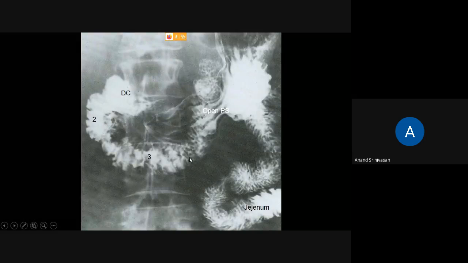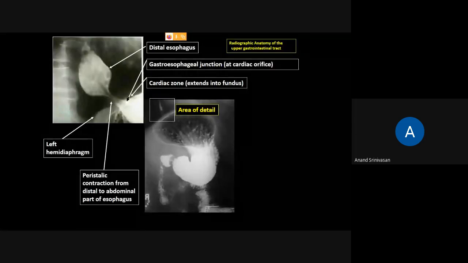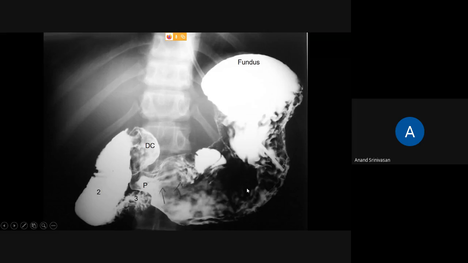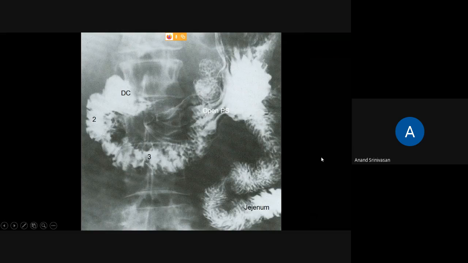When it comes to the jejunum, you cannot see the complete structure. The duodenum and the stomach make a complete outline, whereas in the jejunum as well as the ileum, you can see only a feathery appearance.